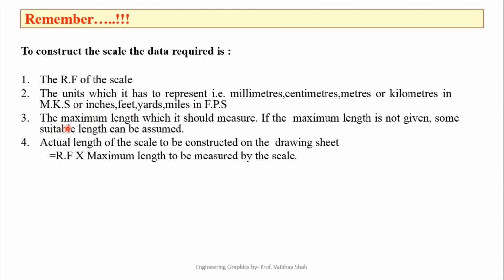Number 3, the maximum length which it should measure. If the maximum length is not given, some suitable length can be assumed. Number 4, the actual length of the scale to be constructed on a drawing sheet, which you can get from this equation: actual length is equal to RF into maximum length to be measured by the scale. So that is all from my side.